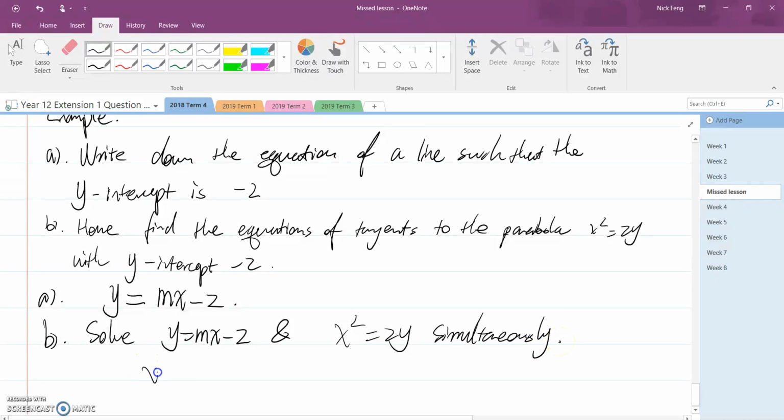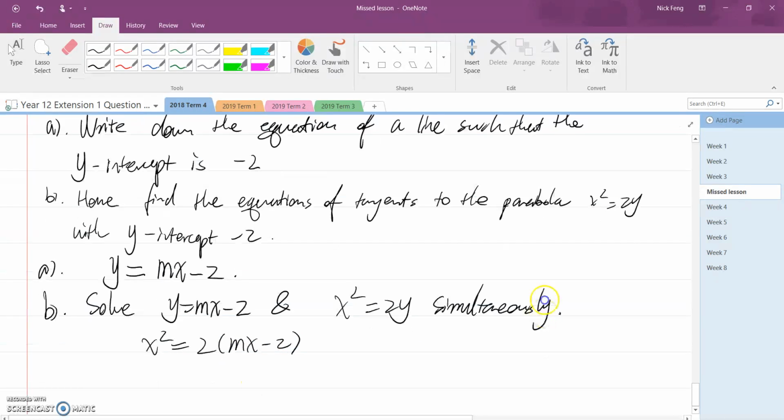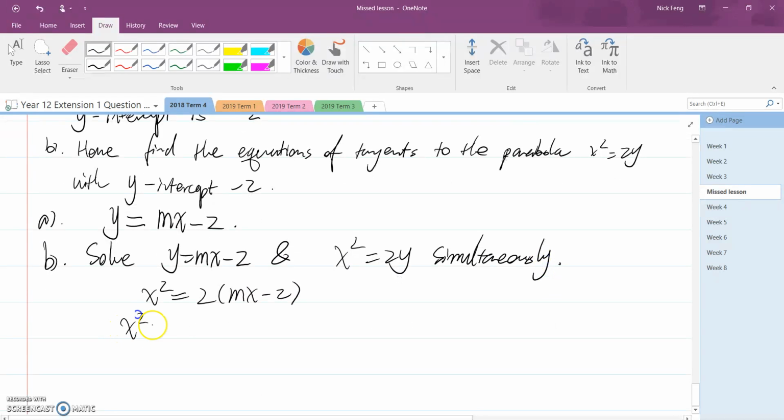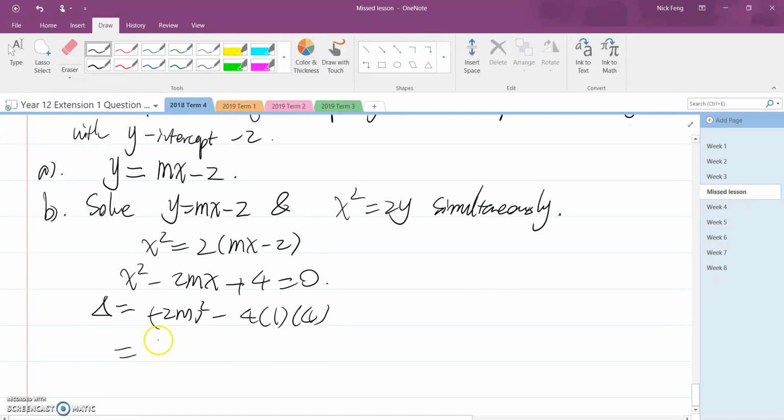And therefore, we have x squared equals 2 brackets mx minus 2. Tidy that up: x squared minus 2mx plus 4 equals 0. Now the discriminant equals negative 2m all squared minus 4 times 1 times 4, and that gives us 4m squared minus 16.